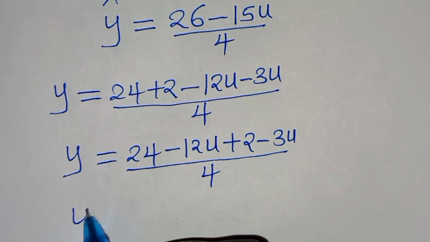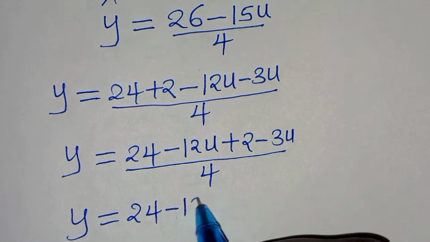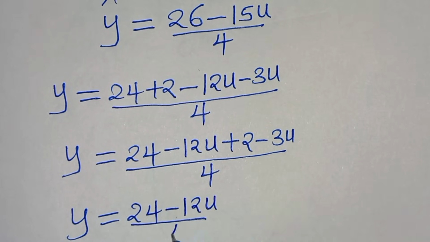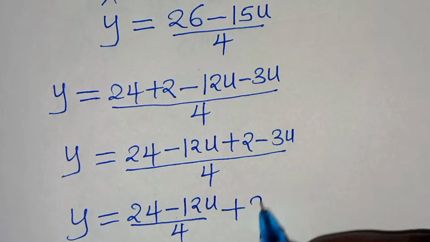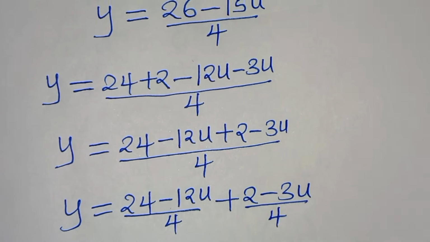So this means again y is equal to 24, subtract 12u, divided by 4, then plus 2 minus 3u, divided by 4.